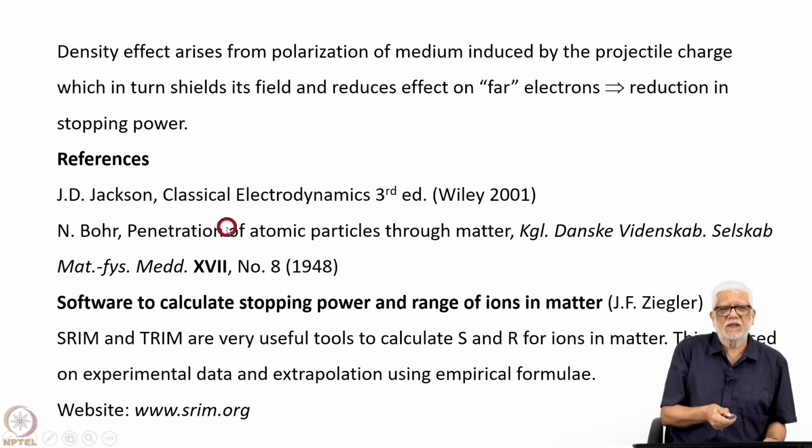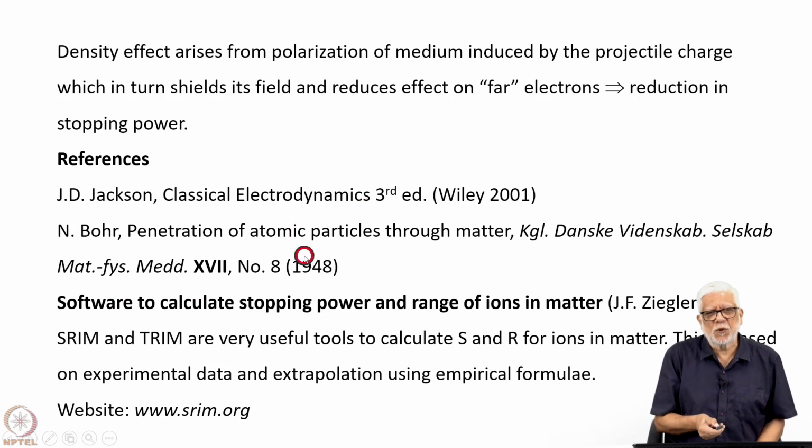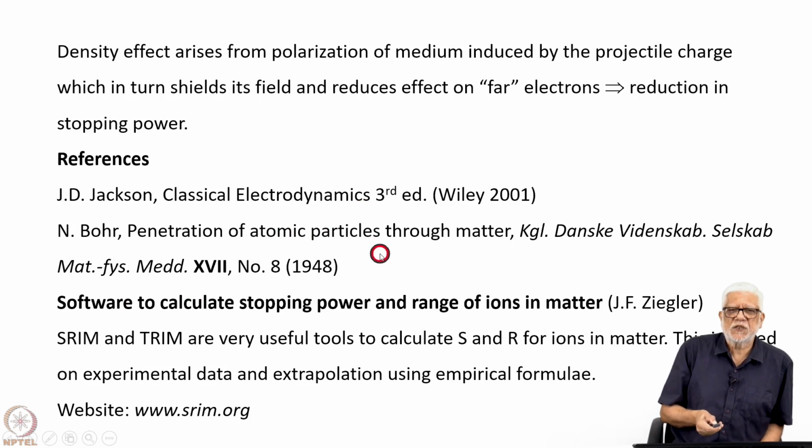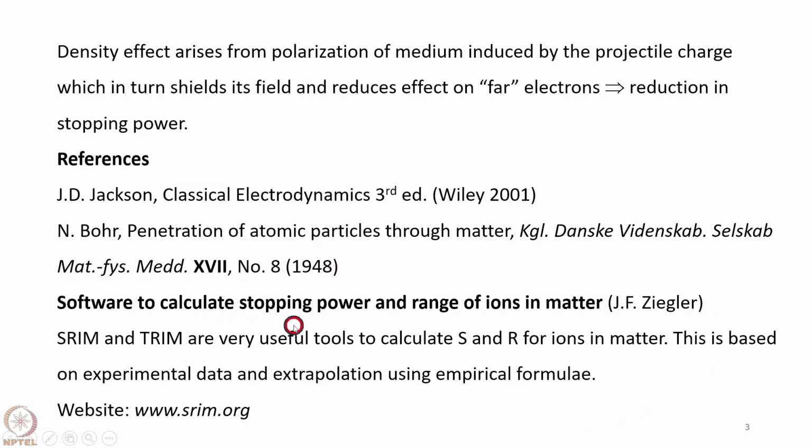This is, I think, a must read if you want to look at the semi-classical picture. It's a very physical kind of picture that you get. And Niels Bohr, by the way, had been interested in this problem much earlier than this review was written, from the 1910s and so on.